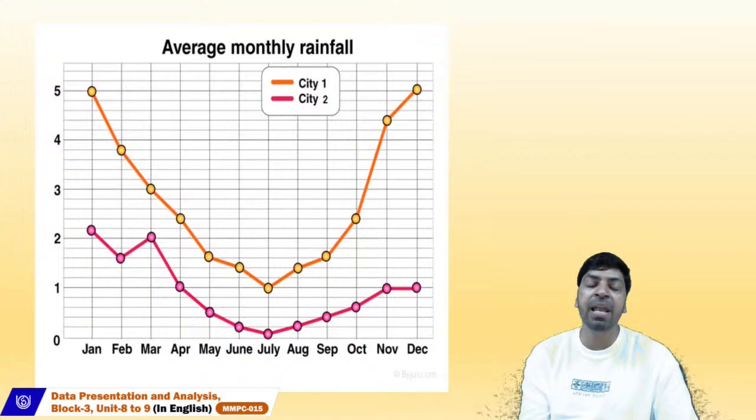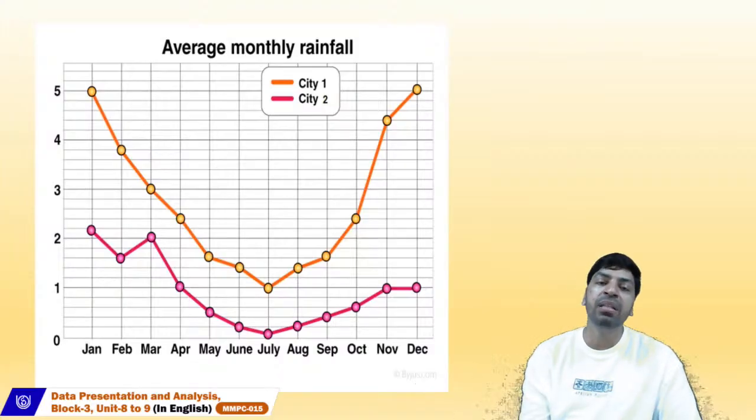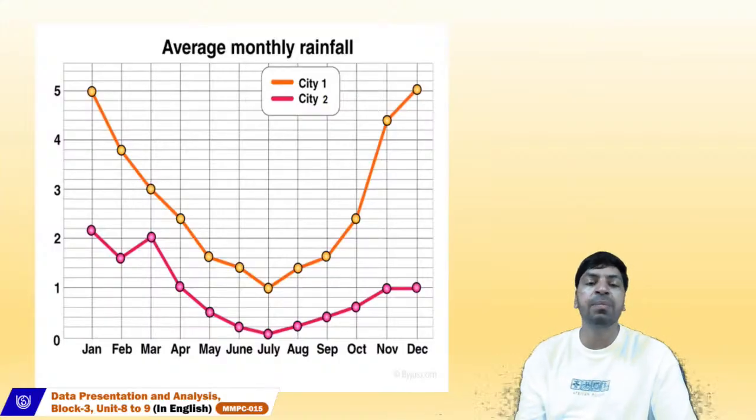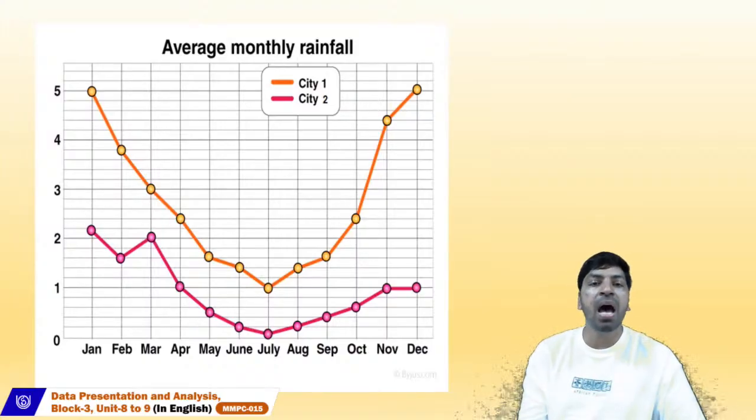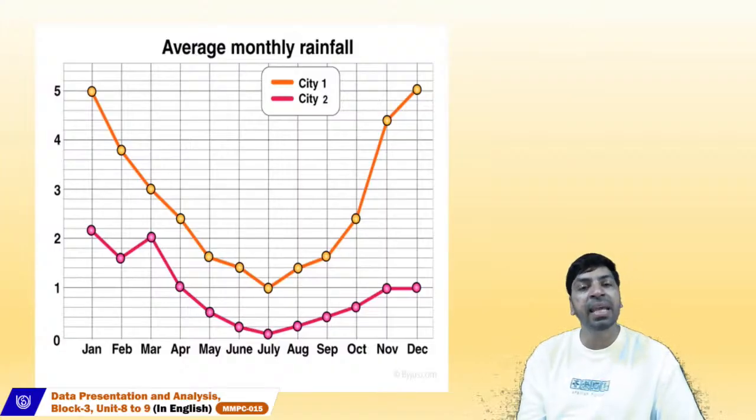If you look at the line graph or line chart, according to the number of months, the average monthly rainfall keeps declining, and suddenly it increases just after the July month. But when we talk about city 2, it begins with increasing, then declines, and again it increases, and then consistently declines.